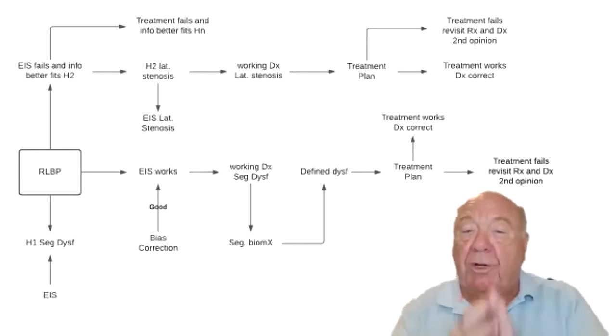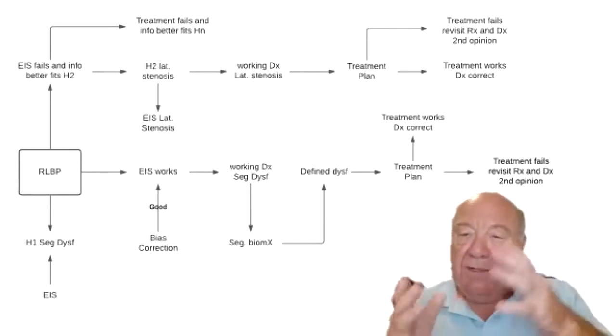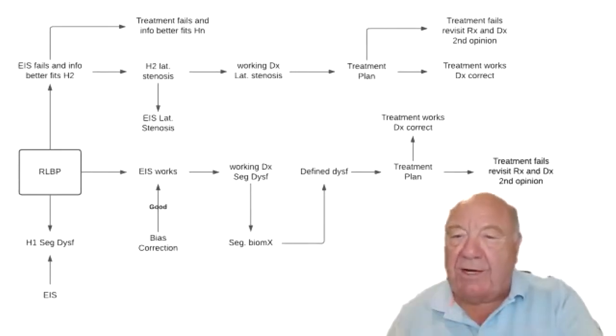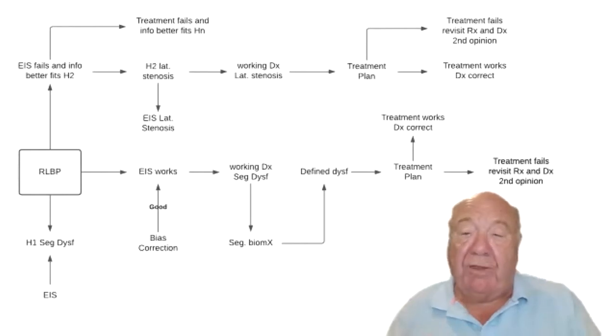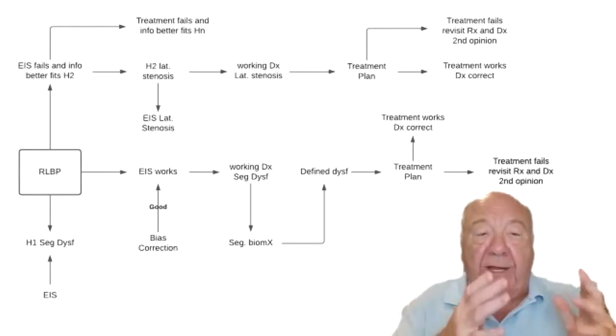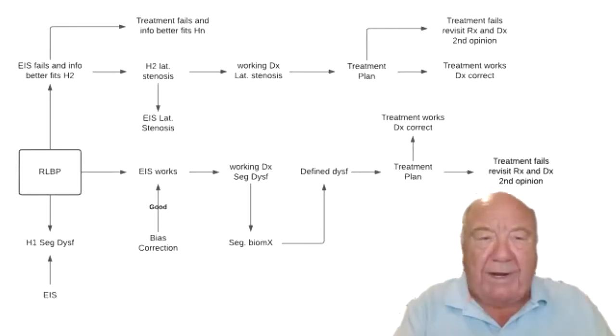If the treatment works, then the diagnosis is correct. If the treatment fails, you revisit the treatment and you revisit the diagnosis, and if all that is failing, basically at that point you need a second opinion or go back over the diagnosis if you know where the issue lies.